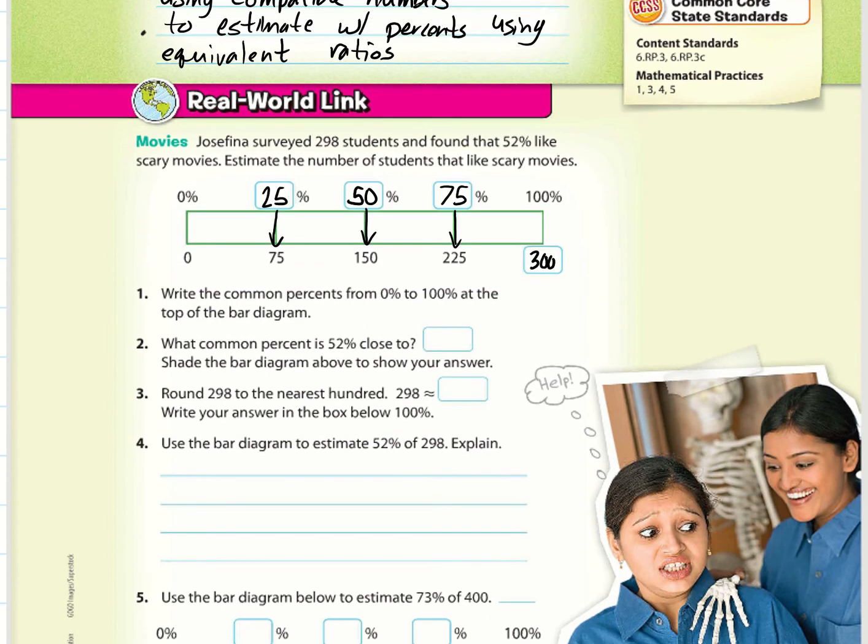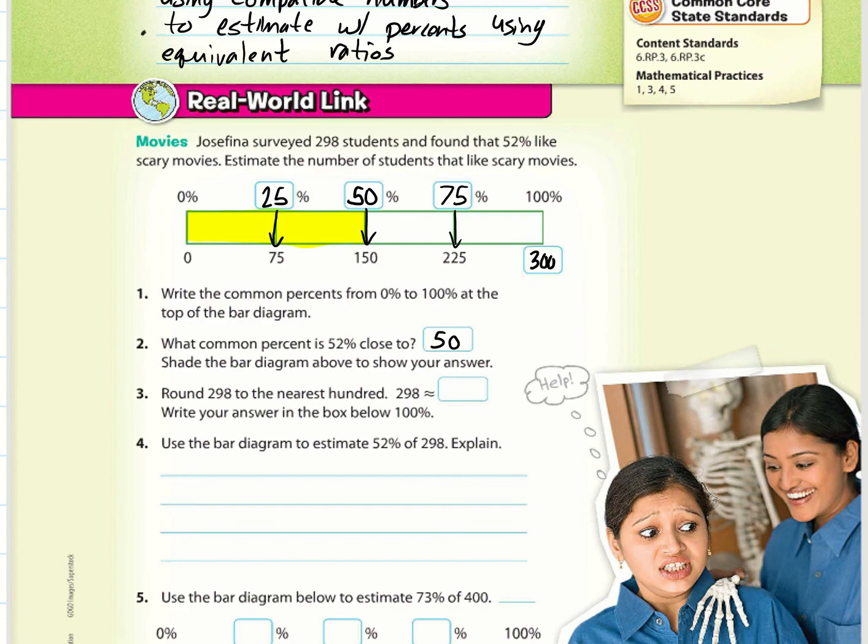So number 1 says write the common percents from 0 to 100% at the top of the bar diagram. We've already done that. Which common percent is 52% close to? It says shade the bar diagram. 52% is going to be close to 50%. So I'm going to shade 50% of the bar diagram.